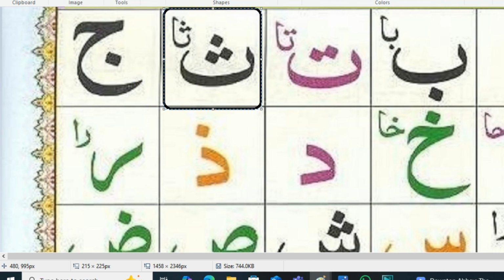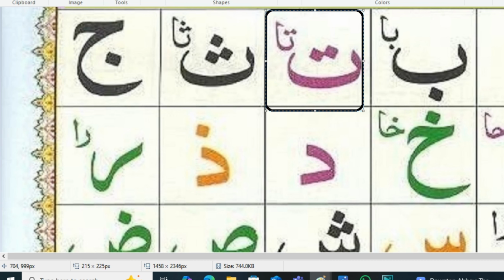Okay, next, what is this? This is Sa. It will be long for 2 seconds and also read softly. I told you, you put the tip of the tongue between the teeth. Same shape, looks like a bowl, three dots up, so it is Sa, softly.